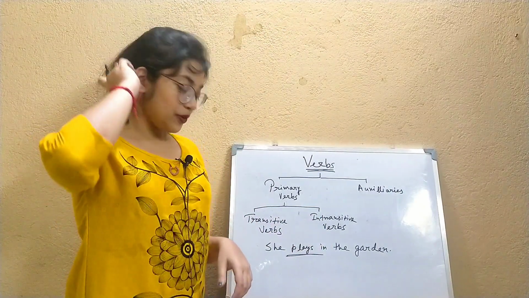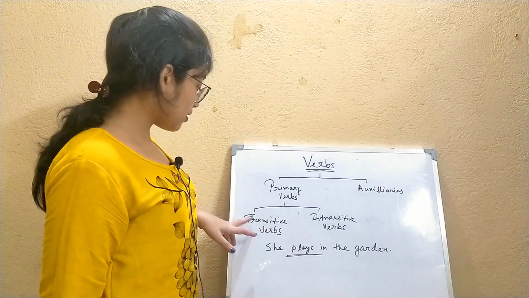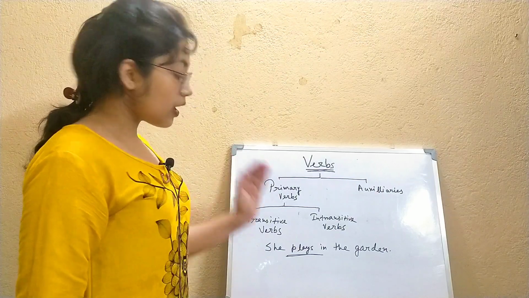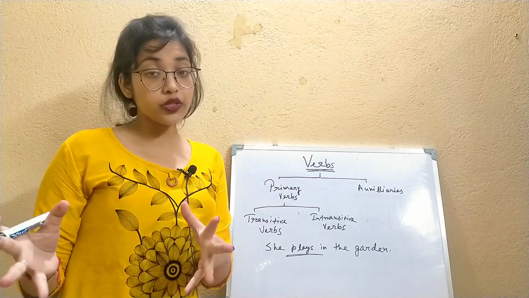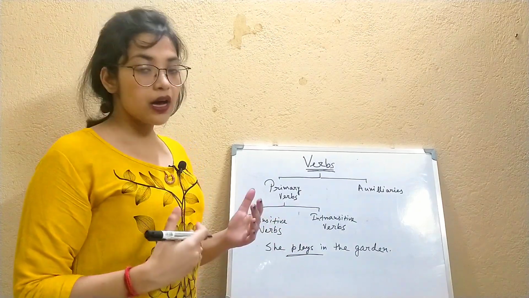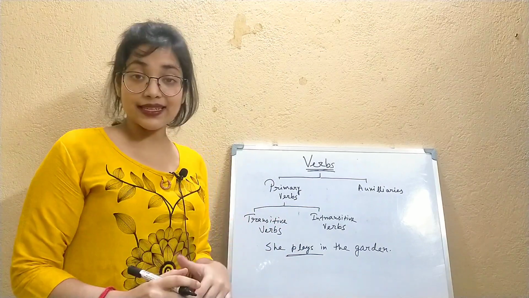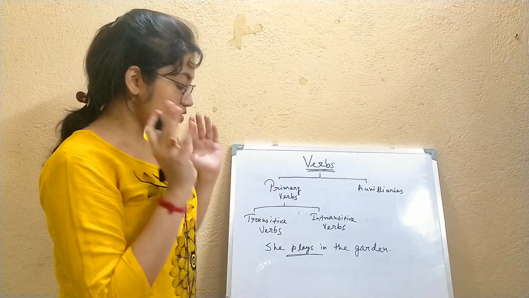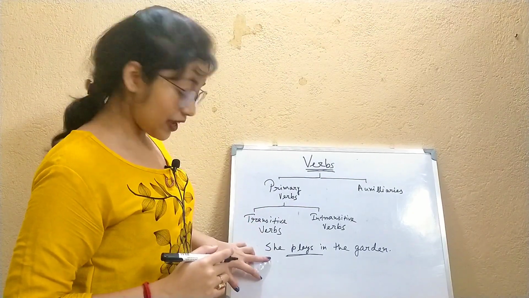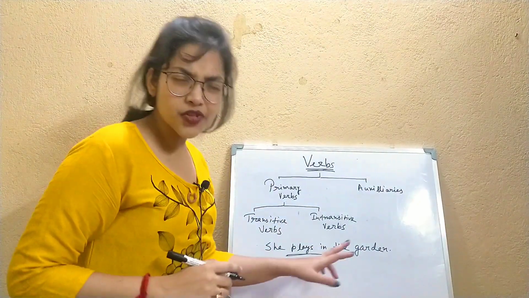Okay, so now we were talking about transitive verbs. Transitive verbs are those ones which basically enable us to raise a question in the sentence. I am just explaining this further. Look here, she plays in the garden, right? So where does she play?